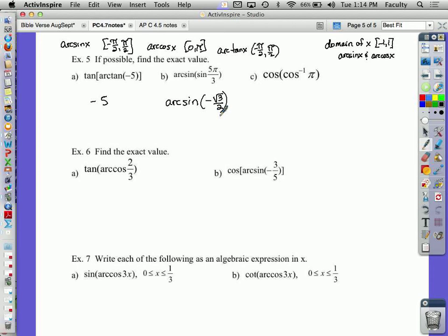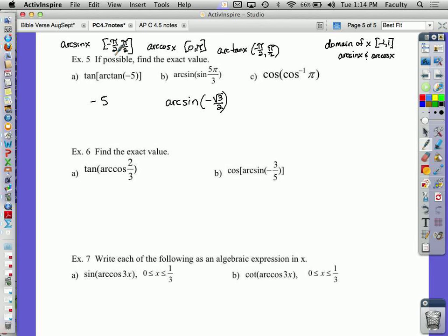All right, now, when I'm doing arc sine negative radical 3 over 2, I've got to remember the outputs are between negative pi over 2 and pi over 2. So I'm looking for what angle, when I take the sine of it, it's negative radical 3 over 2. Well, I know it's not positive in the first quadrant because this is negative radical 3 over 2.